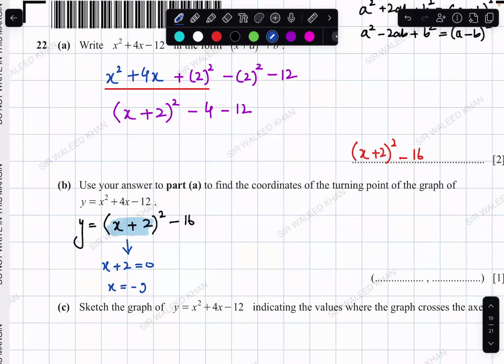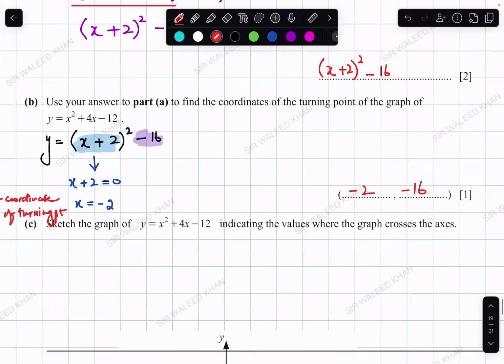That is your x coordinate of the turning point. Where is the y coordinate? The y coordinate is right over here, minus 16. Okay. So all you have to do is minus 2 and minus 16. That's the coordinates where the graph will start to turn, the turning point.